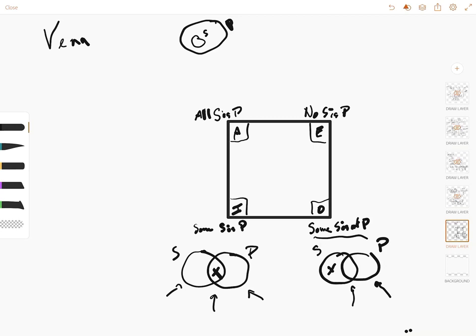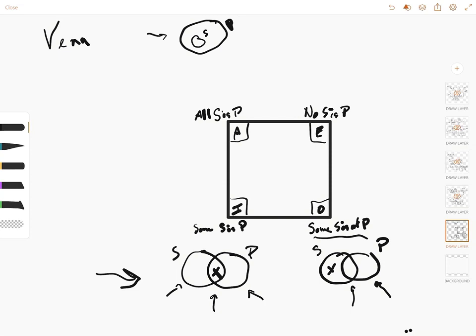So the set of cows, the circle that represents cows, was entirely inside. But notice this diagram, even though it shows the proper relation between S and P, it's harder to compare with the diagram that is overlapping down here.